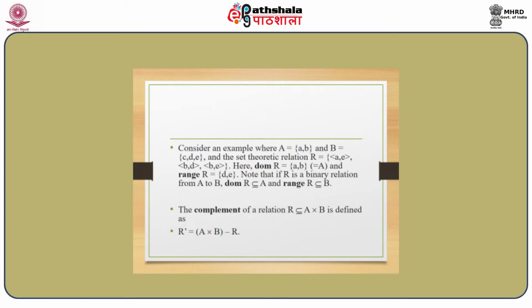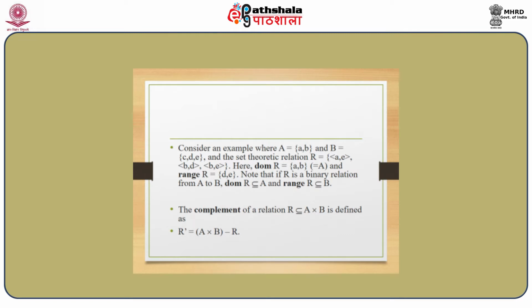Let us consider some operations on relations. The complement of a relation R between A and B is defined as R apostrophe equals the Cartesian product of A and B minus R. Note that the complement of a relation depends on what universe we are considering.